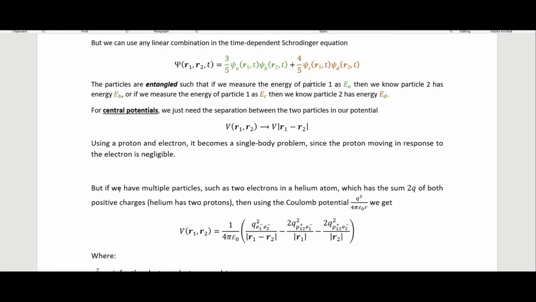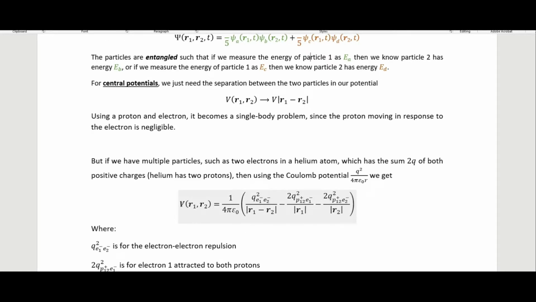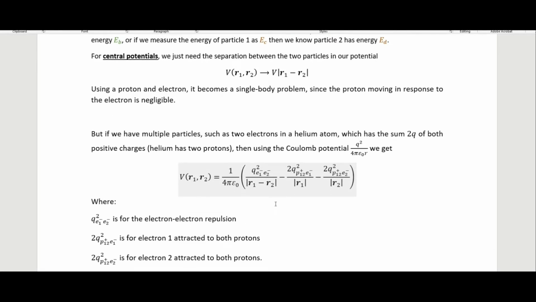All right, and so if we have multiple particles, such as 2 electrons in a helium atom, the helium atom has 2 protons, so proton 1 has a charge of q, proton 2 has a charge of q, so we have 2q positive charges, and we use the Coulomb potential here. So the potential is this. I have these sort of subscripted here.